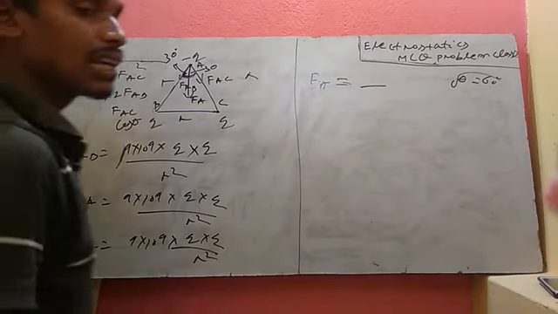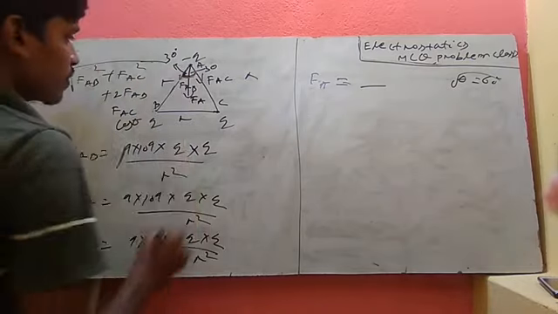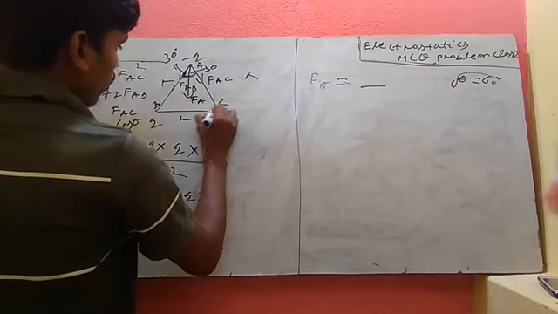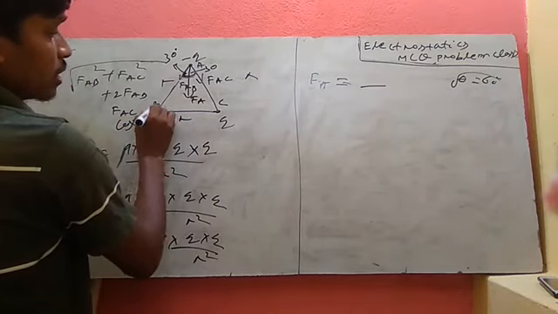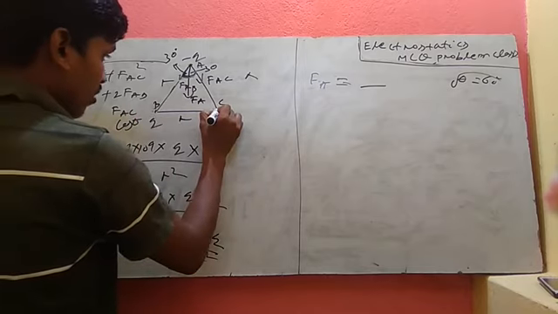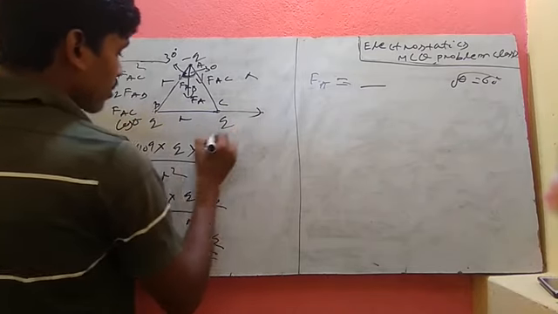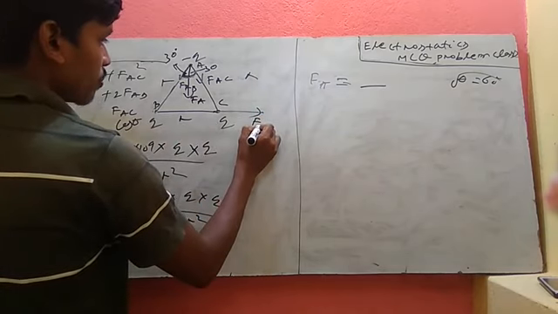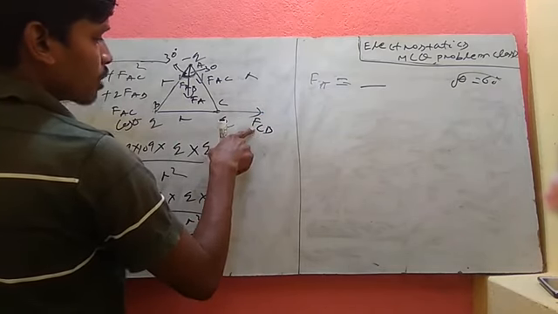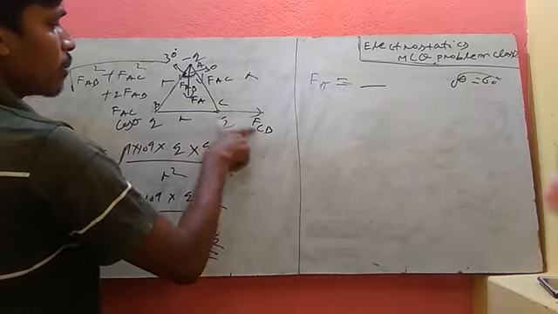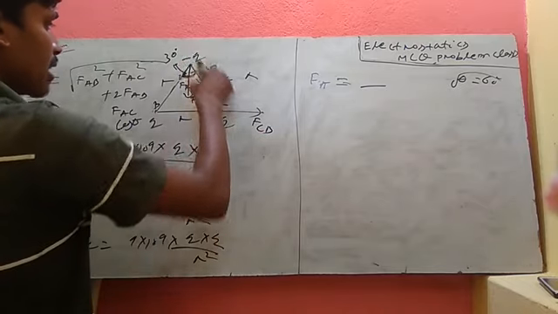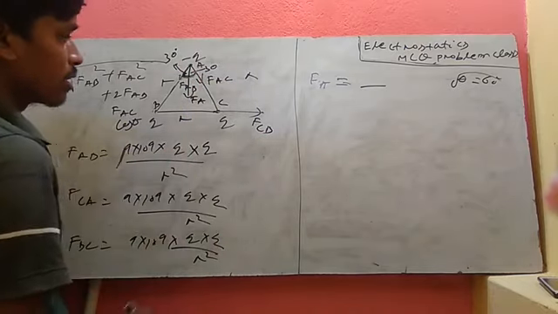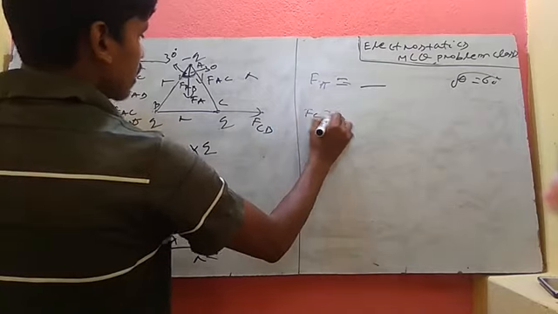Similarly, the net force acting on C. Due to B, the force acting on C is in this direction because it is a repulsive force between positive charges. This force is named FCB, the force acting on C due to B. FCB is in this direction and FAC in this direction. The net force is FC.